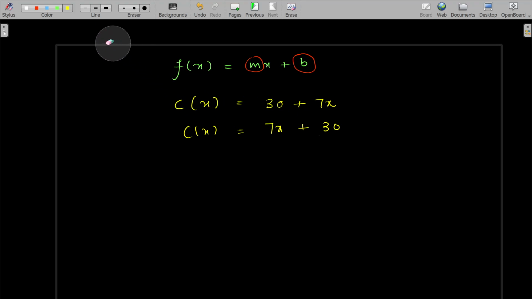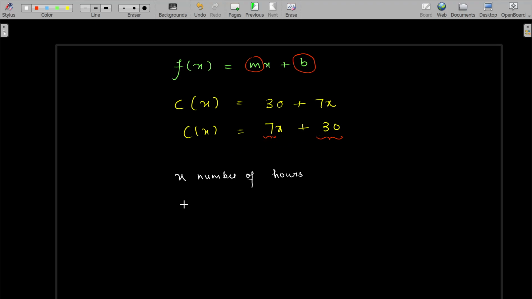So in this context, what is the interpretation of the y-intercept and the slope? x is the number of hours. Let's say you are going to a gym for x number of hours, and this is the cost that you have to pay.